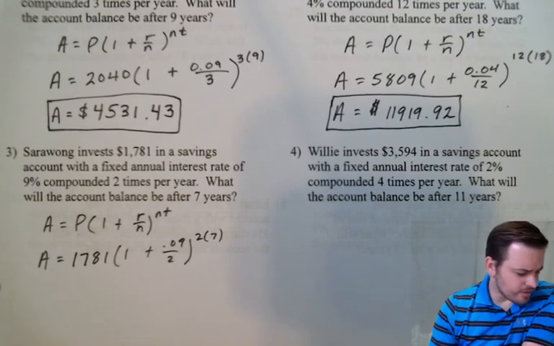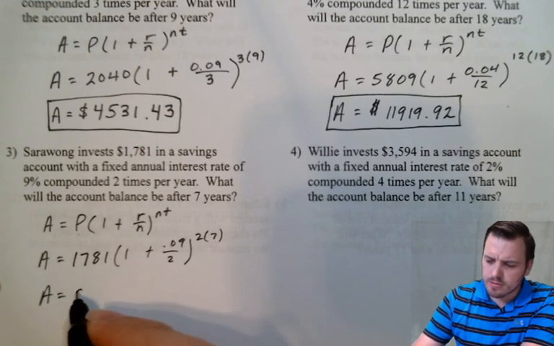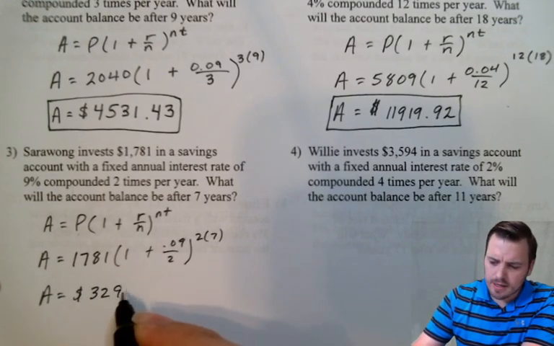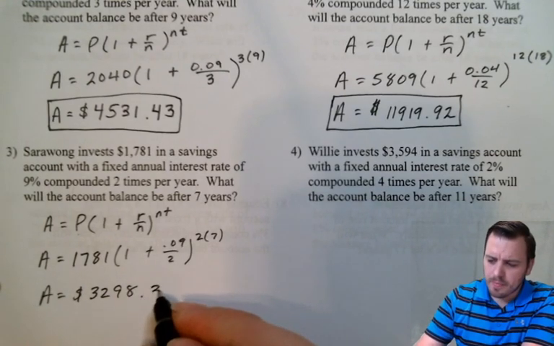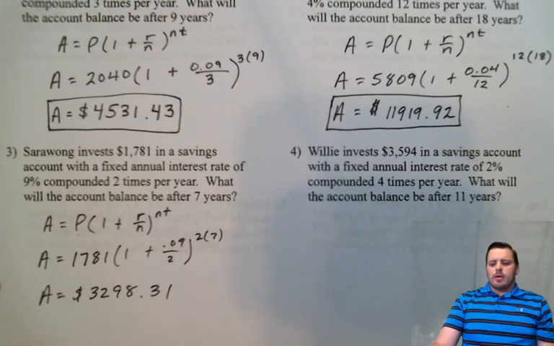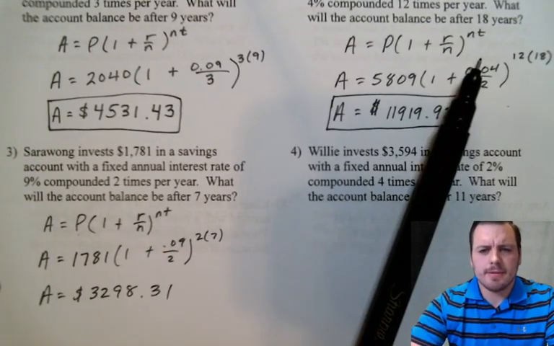Maddie, $3,298.31. Very good. Our amount is equal to $3,298.31. You all do number 4 on your own real quick, guys.